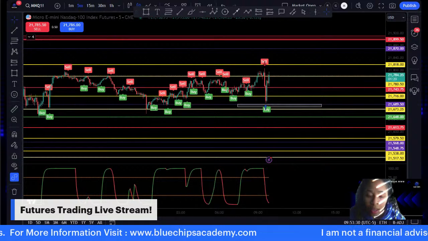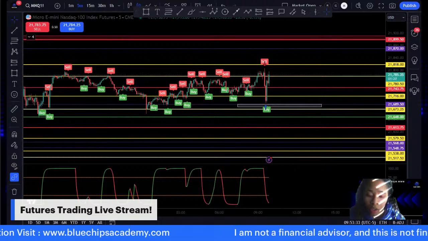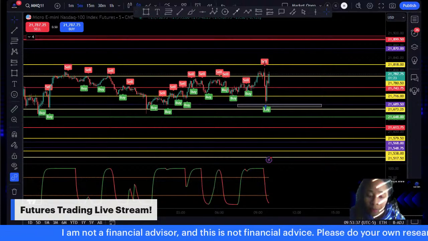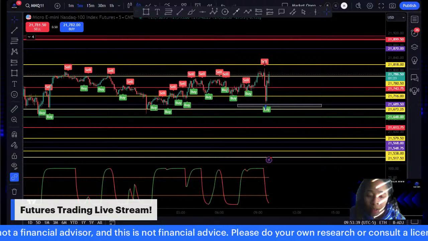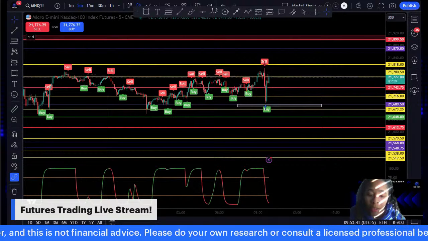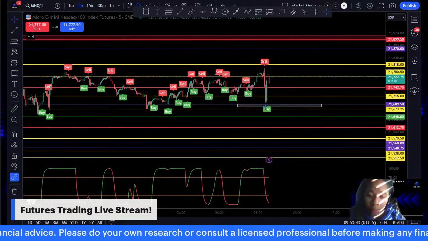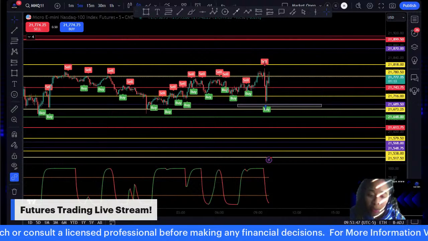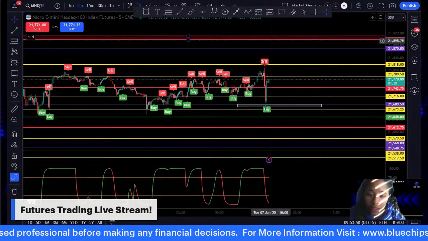The position with the most contracts, so if I'm in three positions, should be TP1. The position with three contracts, or with the most contracts, should be TP1.